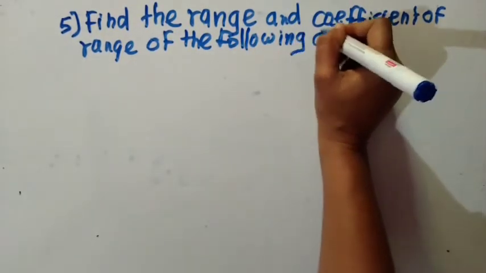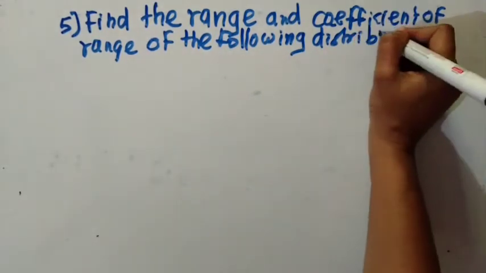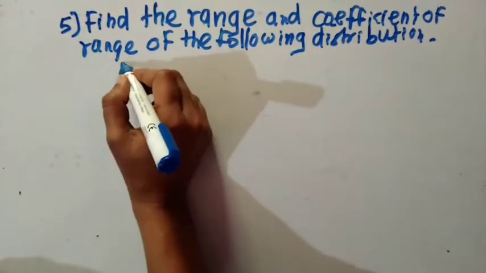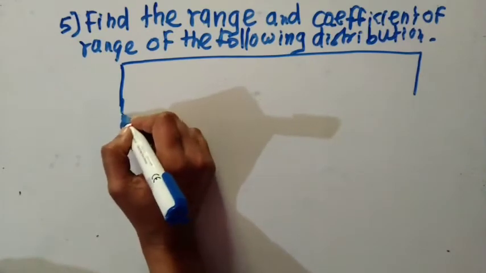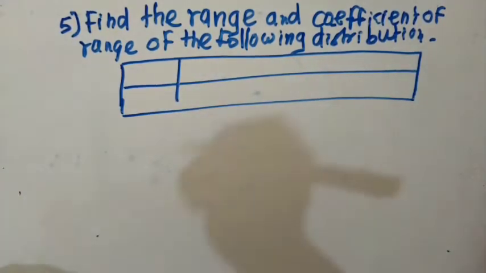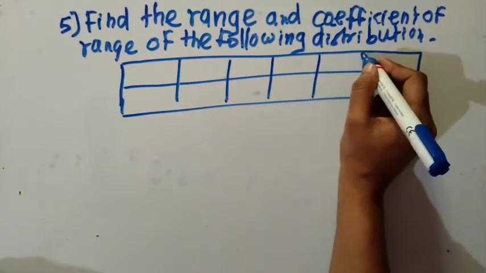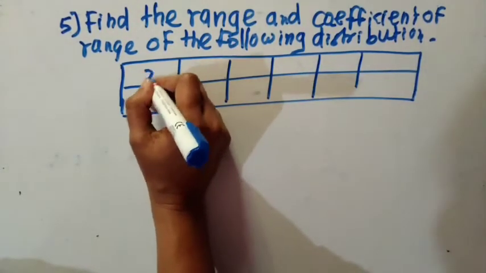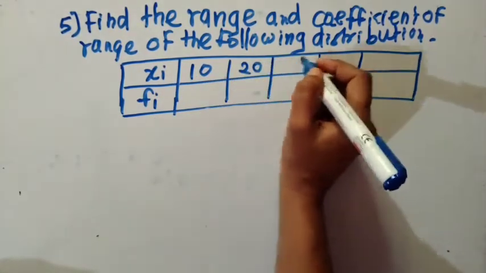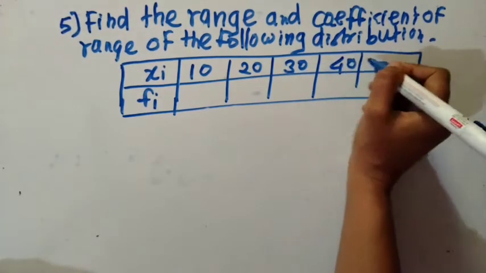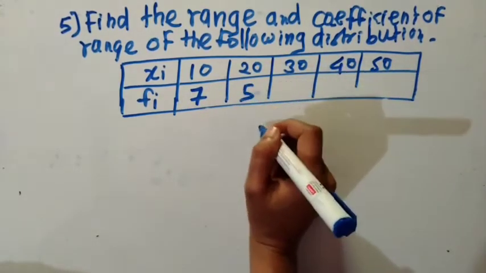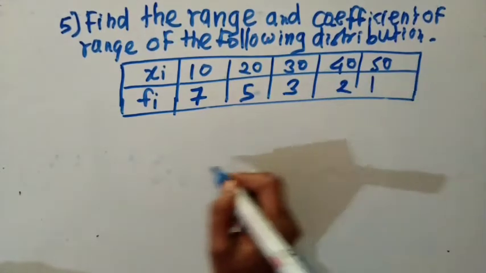Now this is a group data distribution. Here this is xi and this is fi. xi is 5, 10, 15 and fi is 2, 3, 5, 7, 5, 3, 2, 1.